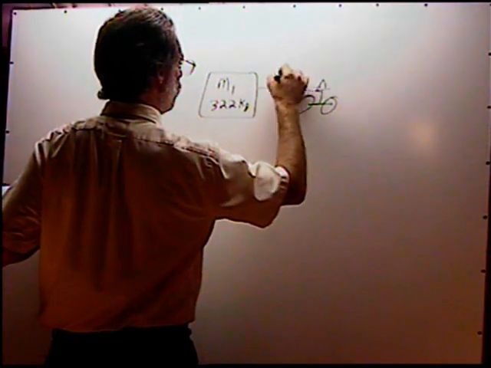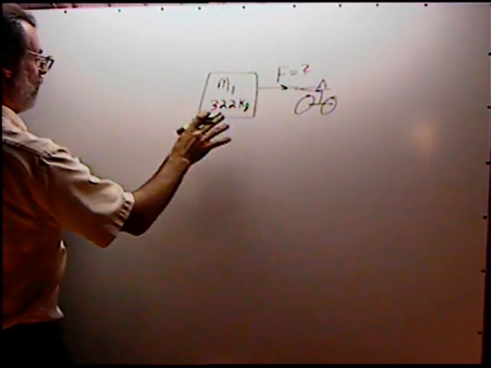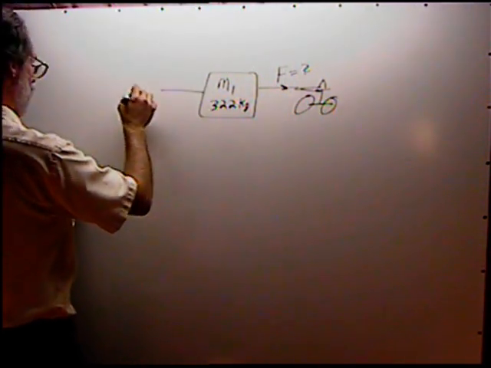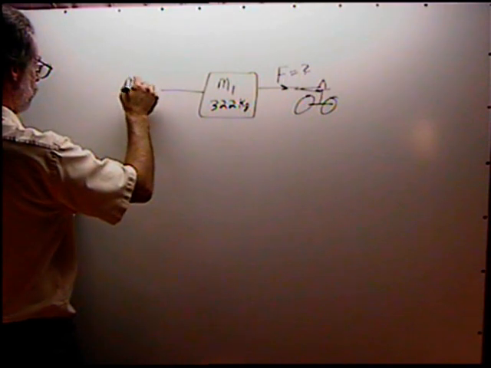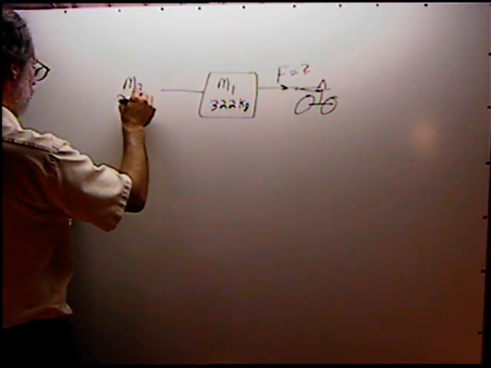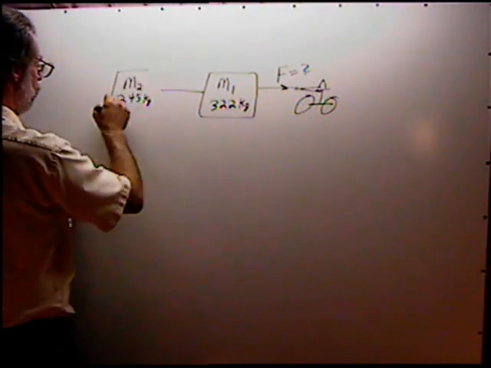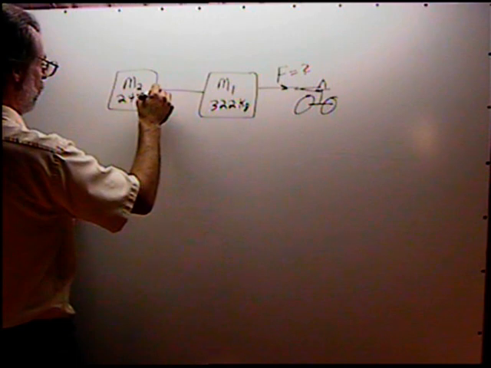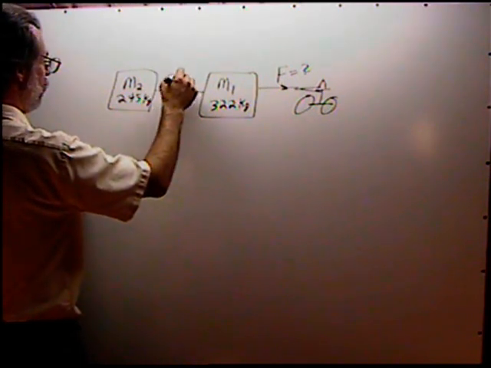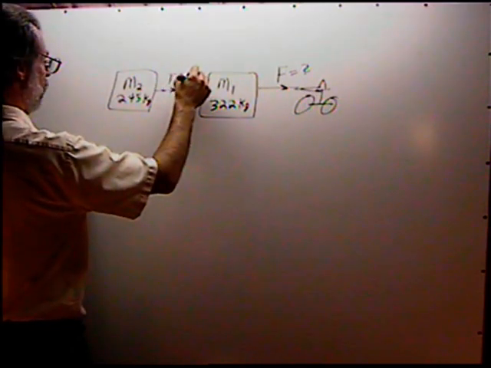And the question is, what is the force in that rope? This weight, M1, is tied to another mass, which we'll call M2, which is 245 kilograms. And they tell you the tension in this rope is 45 newtons.